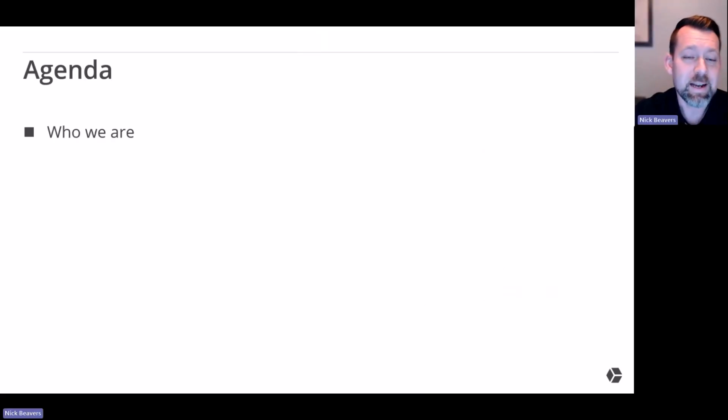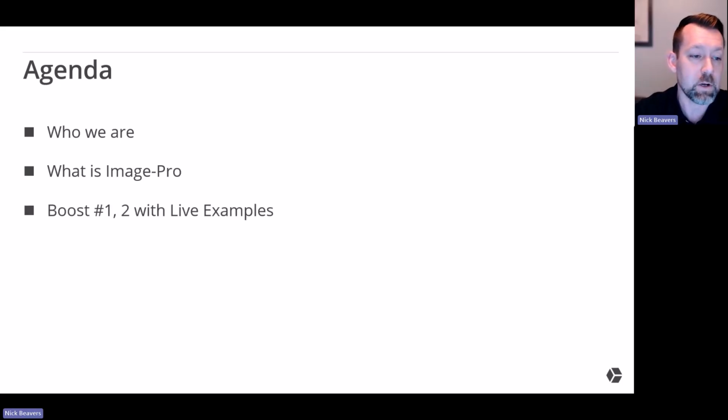Our agenda today, we're just going to give you a little bit of an overview about who we are, in case you're not aware, and this is the first time you're joining us. We'll talk about the solution that Media Cybernetics is the manufacturer of, a software product called imagepro. And also, we're going to dive into the topic today, talking about efficiency.